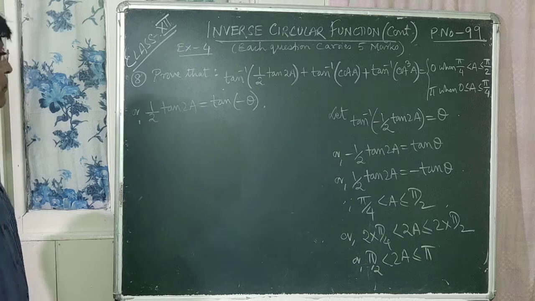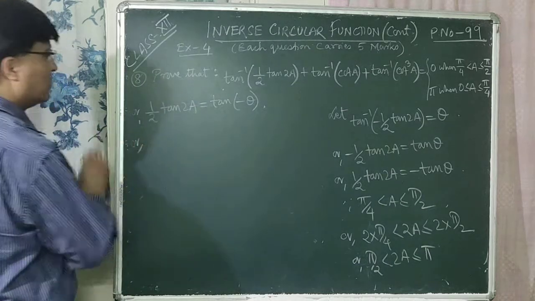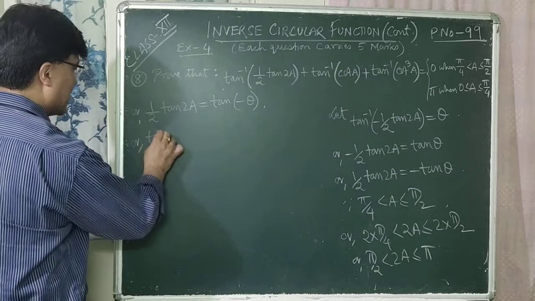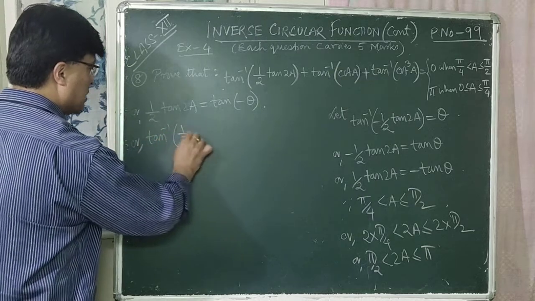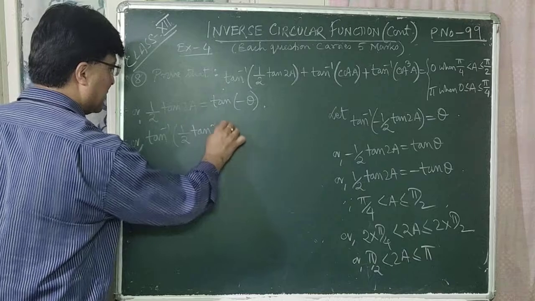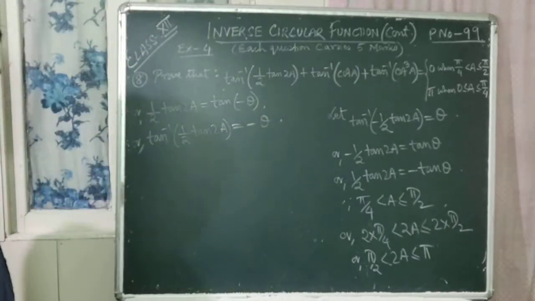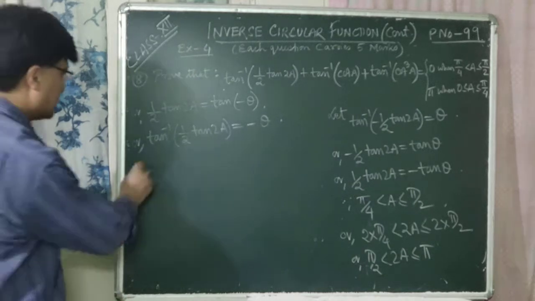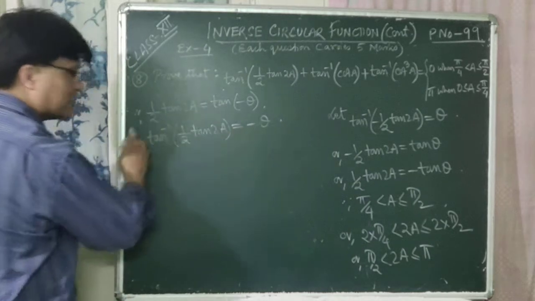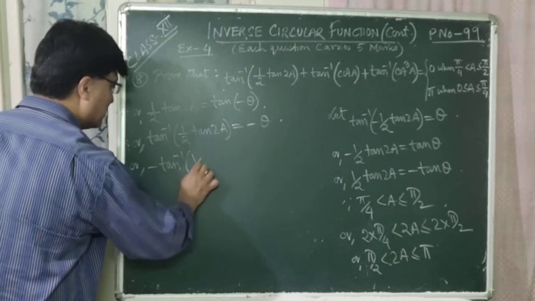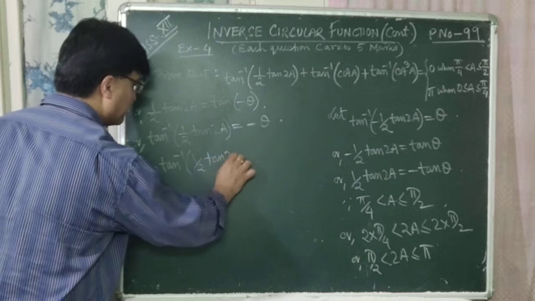Is that clear? So next, or now again take this tan to the left hand side, it becomes tan inverse. It is half tan 2a is equal to minus, which is equal to minus theta, right? Or let us take this minus sign to the left hand side again. So it is minus tan inverse within bracket half tan 2a.